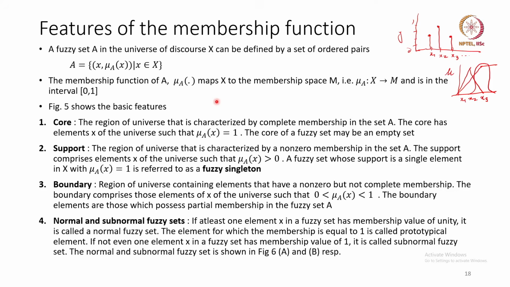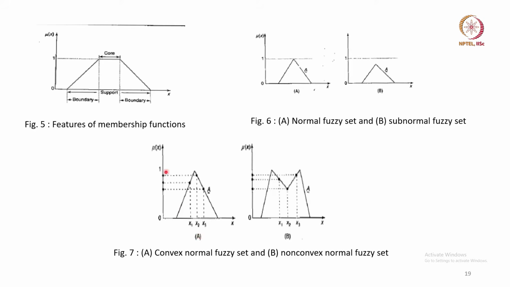Whereas a subnormal fuzzy set doesn't have even one element which has a value of 1. We can see this is a subnormal fuzzy set because the largest membership value of this fuzzy set is less than 1.